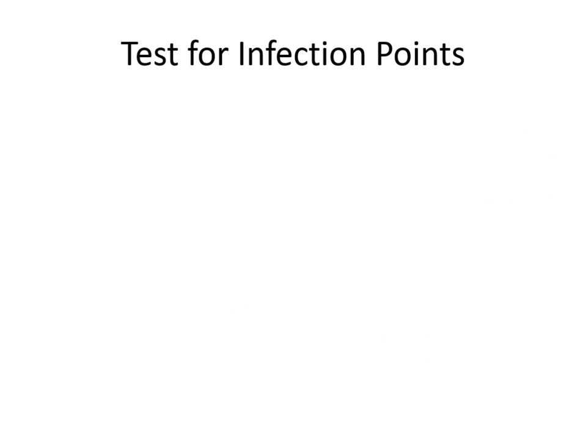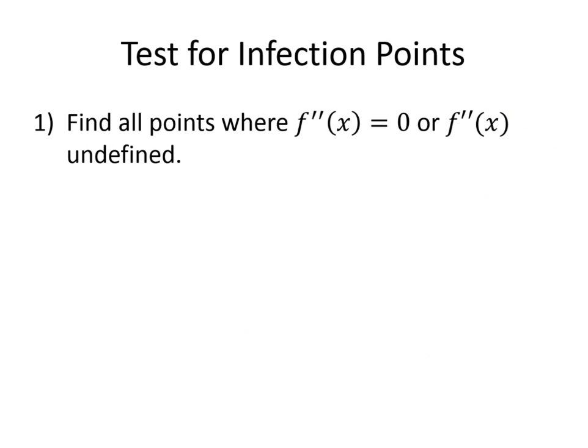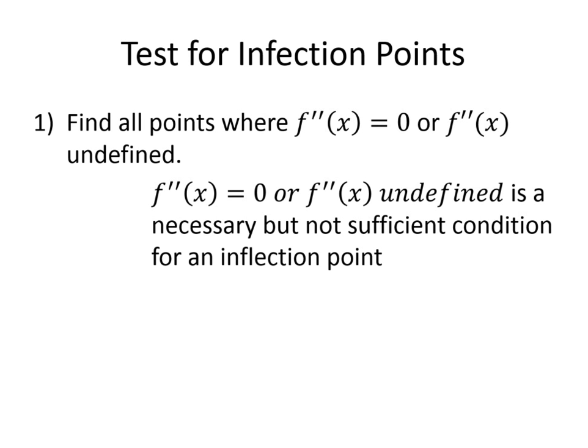Unfortunately, if we want a test for an inflection point, it is not enough to know that the second derivative is 0, or sometimes you can also switch concavity to convexity or vice versa if the second derivative is undefined. So if you're looking for inflection points, you look for all of those places. However, that is a necessary, not a sufficient condition for an inflection point.